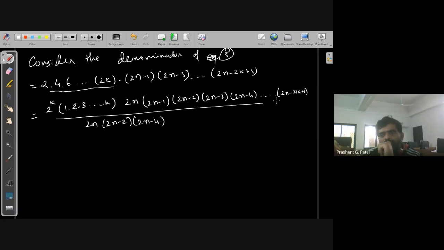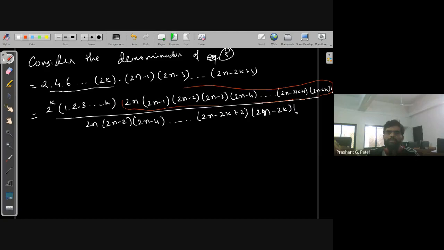And lastly, the next term we multiply is 2n minus 2k factorial, and the last term is 2n minus 2k plus 2. If you do this, then this quantity here is actually 2n factorial.